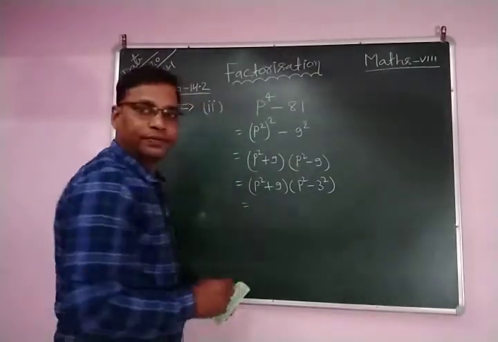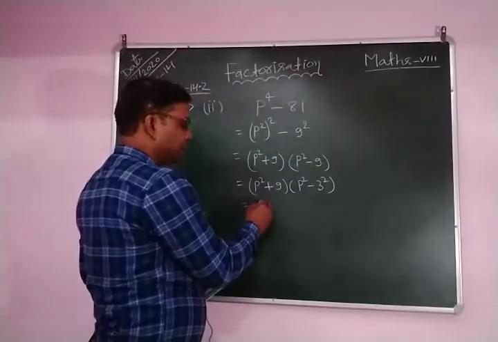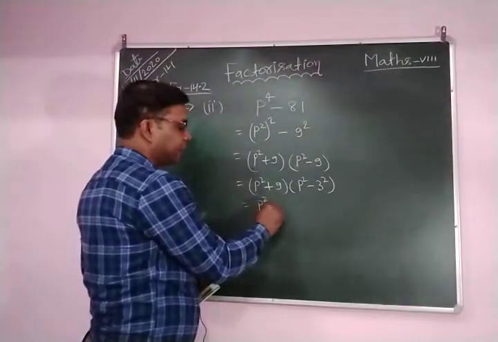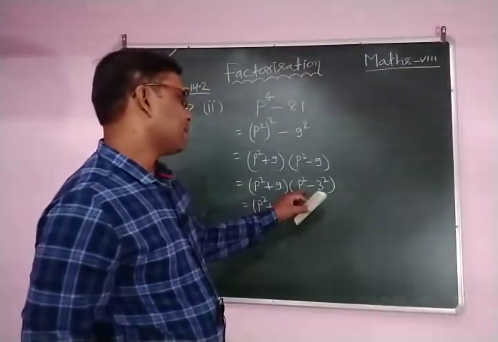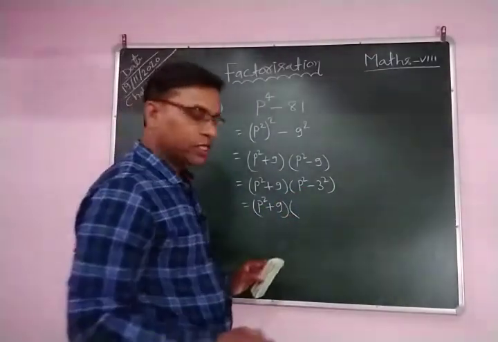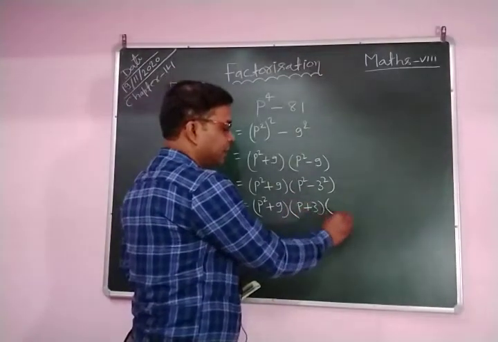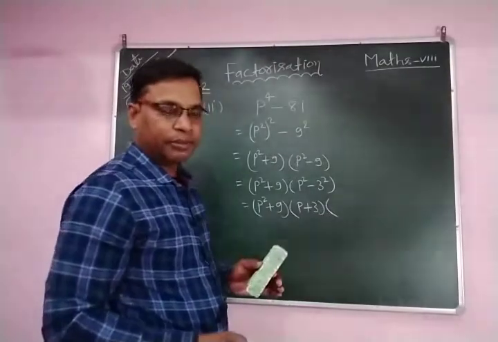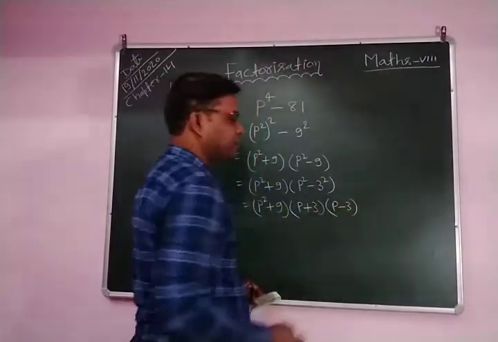Okay, so here we write p square plus 9 as it is, okay, into here p square minus 3 square. So first write sum of the number means p plus 3, okay, into difference of the number p minus 3, clear?